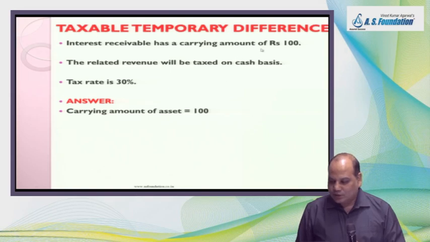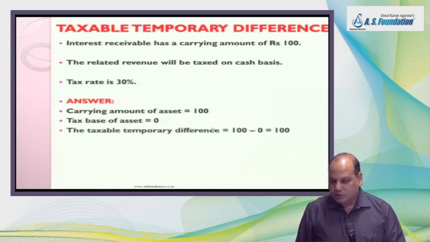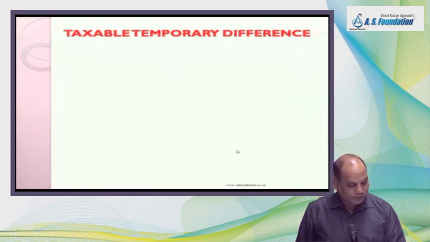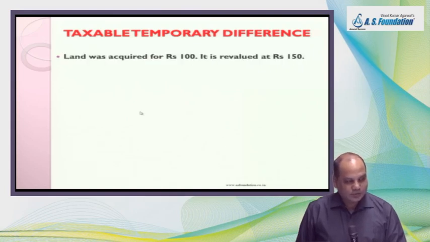So therefore the tax base will be the amount that will not be taxed in future. How much amount will not be taxed in future? 0. The entire amount is taxable in future. So now write down taxable temporary difference 100. DTL 30% of 100. Is it 30 rupees? Say yes. Yes.